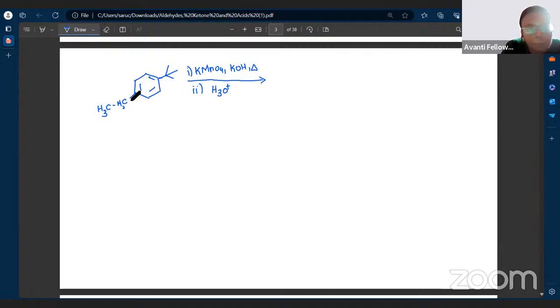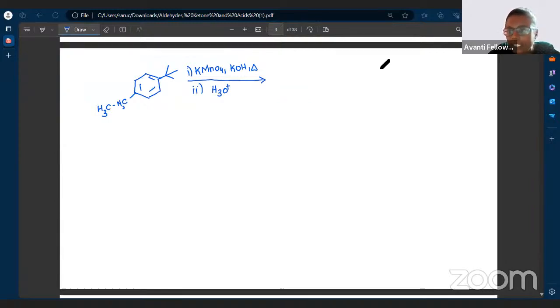Okay. So what happens when you put KMnO4? KMnO4 is a very good oxidizing agent. Here you are using a base, so it is alkaline KMnO4. So when you put alkaline KMnO4 to the chain, what happens?